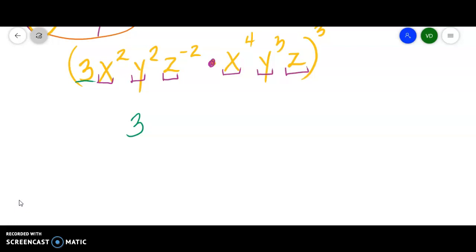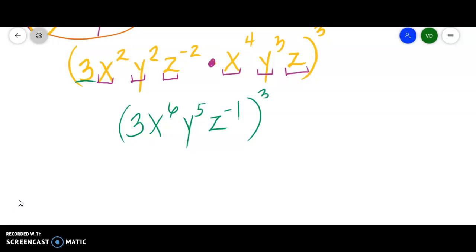My operation is multiplication, so that means I have to add my exponents. So then I'm going to have x to the 6th power, y to the 5th power, and z to the -1.